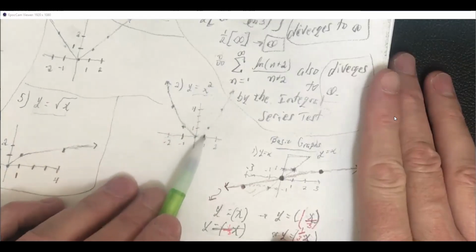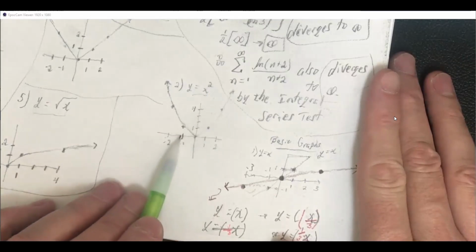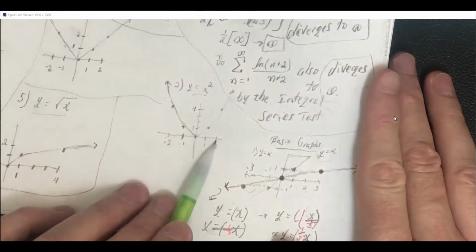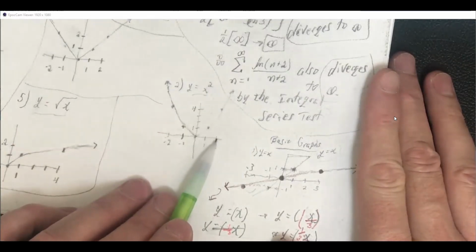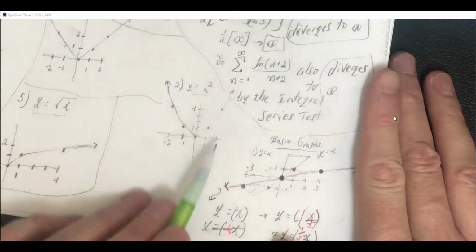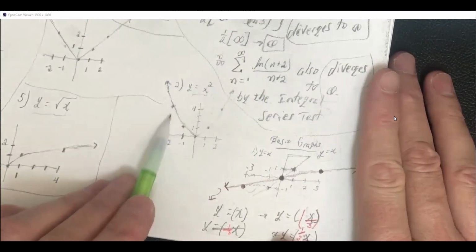So if you go over 1, the mapping goes up to 1. And the same to the left, left 1, up 1. Also over 2, 2 times 2 is 4, so 2 squared is 4, and the mapping goes up to 4. And same thing to the left. If you go left 2, negative 2 squared, negative 2 times negative 2 is 4, so you also go up 4 there.